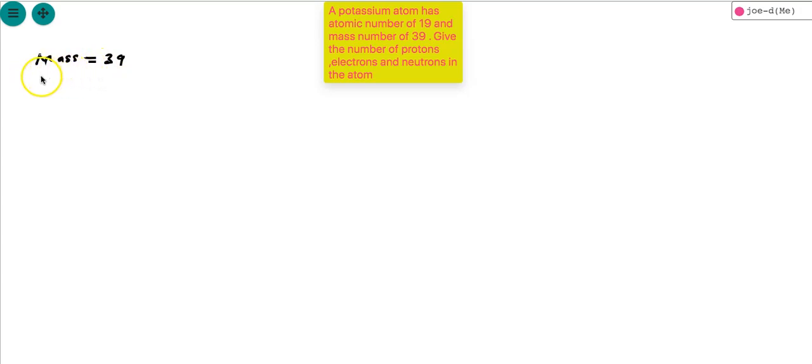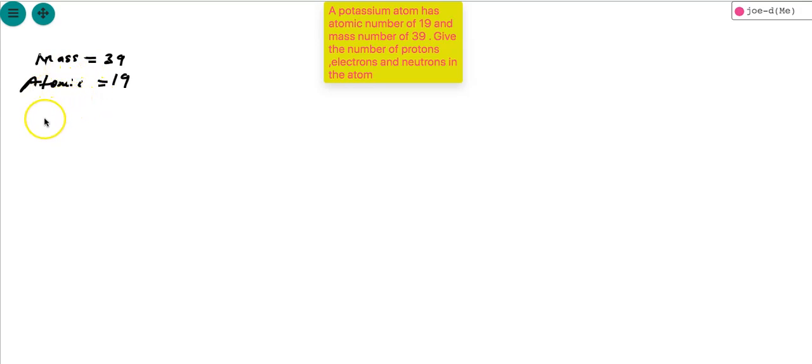The number of protons is what they want us to work out, and we have the atomic number, which is given as 19. So we know our mass number, we know our atomic number.